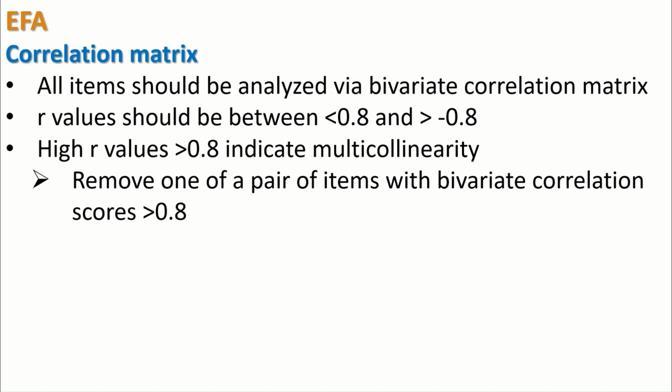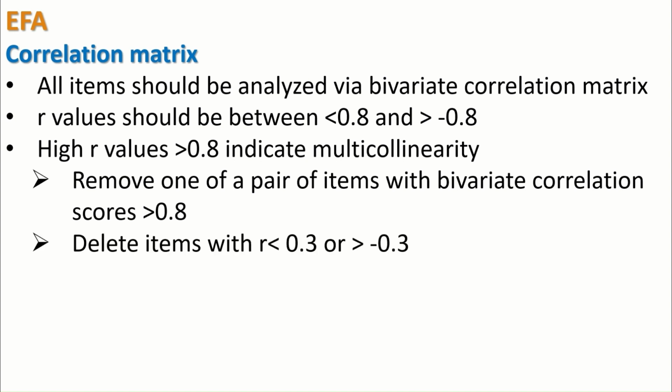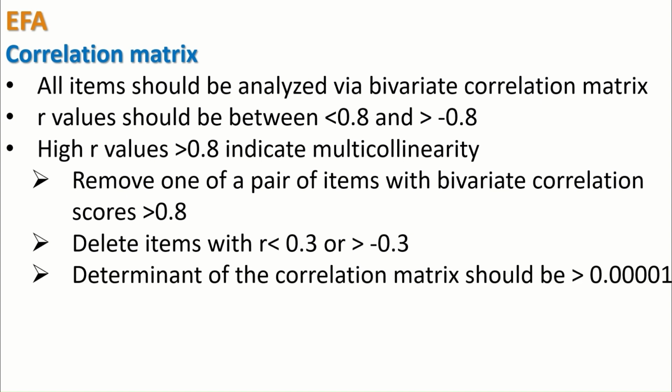So remove one of the pair of items with a bivariate correlation coefficient score greater than 0.8. When the R value is less than 0.3 or greater than minus 0.3, then omit that item from the analysis. There is also another value, which is called the determinant of the correlation matrix.